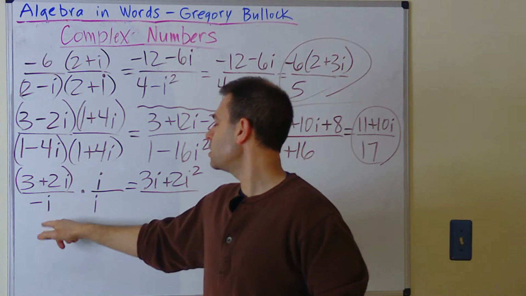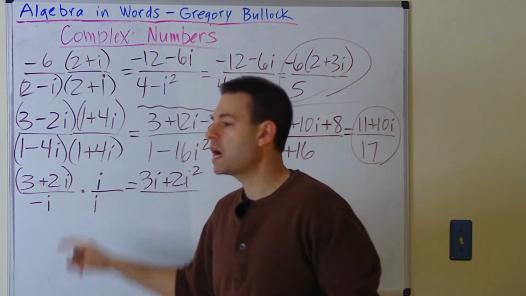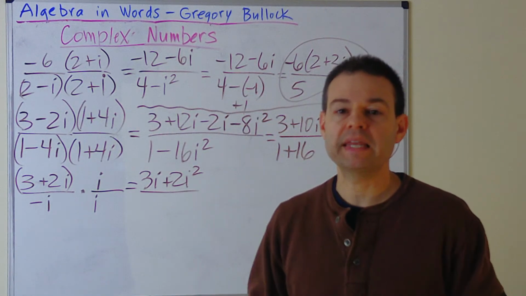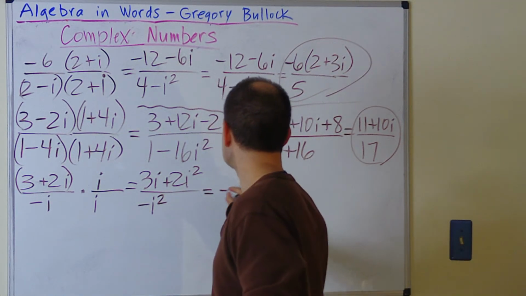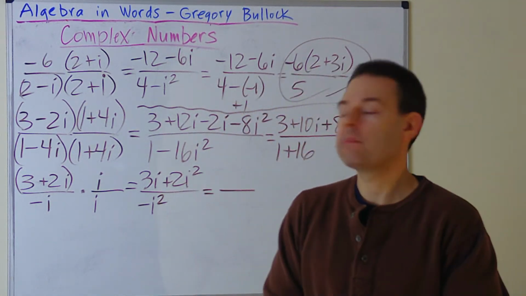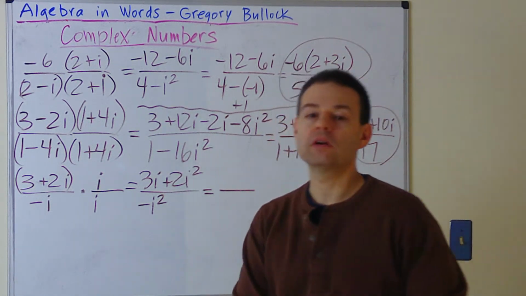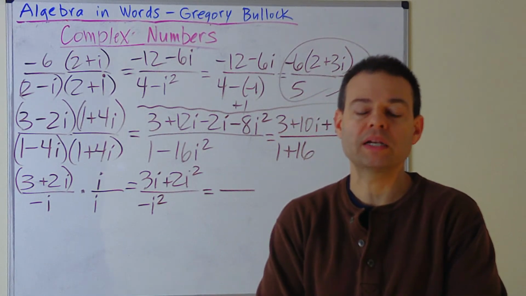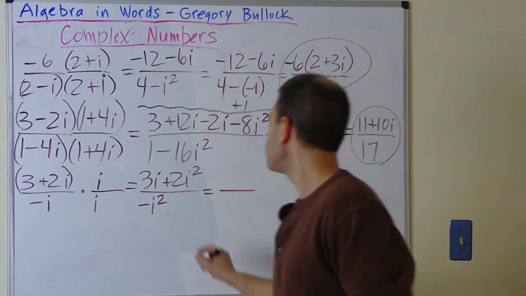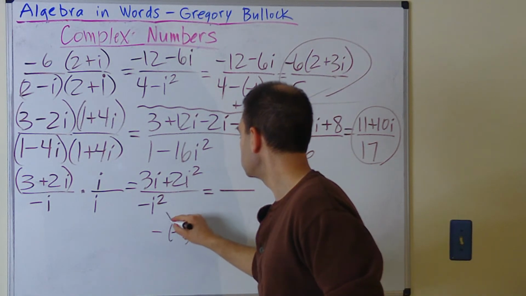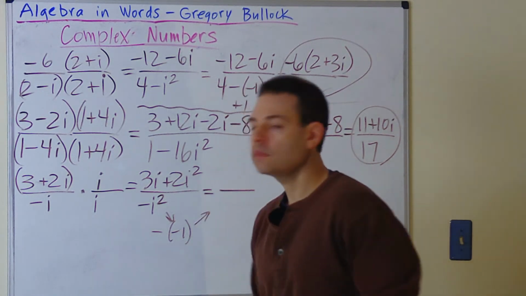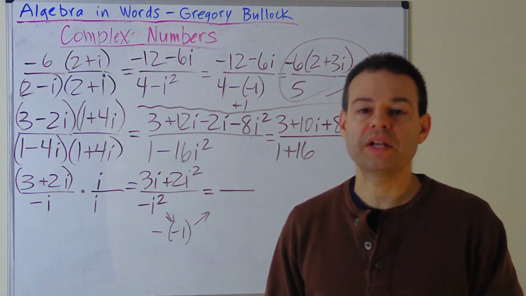But now in the bottom we also have negative i times positive i, and that equals negative i squared. And remember that we convert i squared into negative 1, and negative times negative 1 is positive 1.